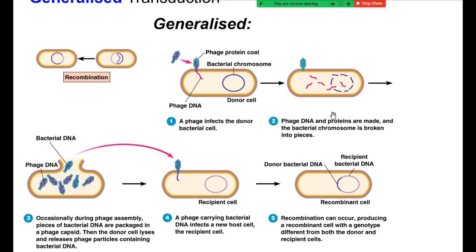For example, if this gene coded for, let's say, ampicillin resistance, and that DNA was inserted into this virus, which inserts that DNA into this cell, there's the DNA that came from this cell, and it will carry the ampicillin resistance to this cell.